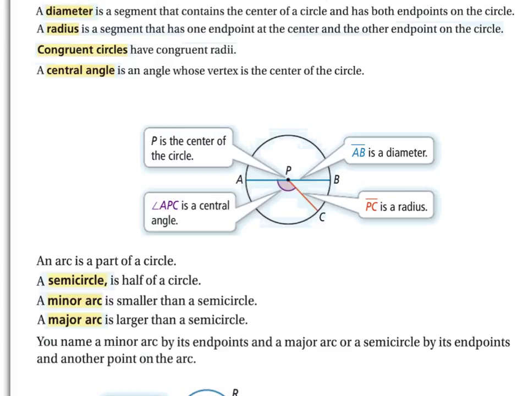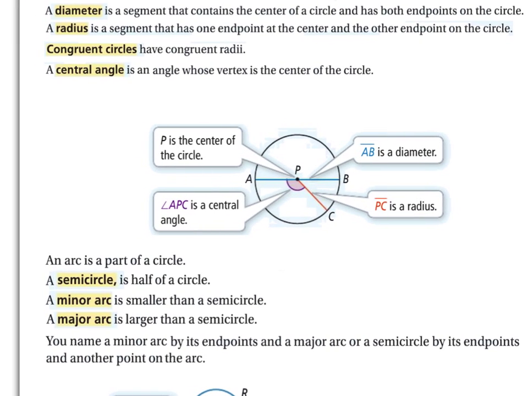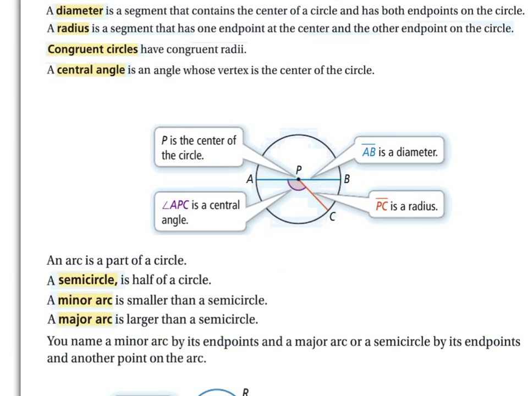It says a diameter is a segment that contains the center of the circle and has both its endpoints on the circle. So in this case, AB is a diameter. From point A to point B goes through the center of the circle. A radius is a segment that has one endpoint at the center and the other endpoint on the circle.